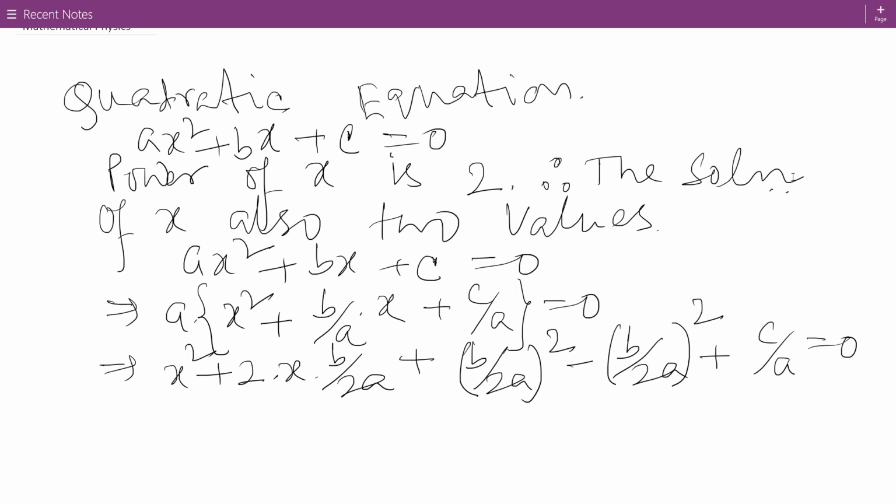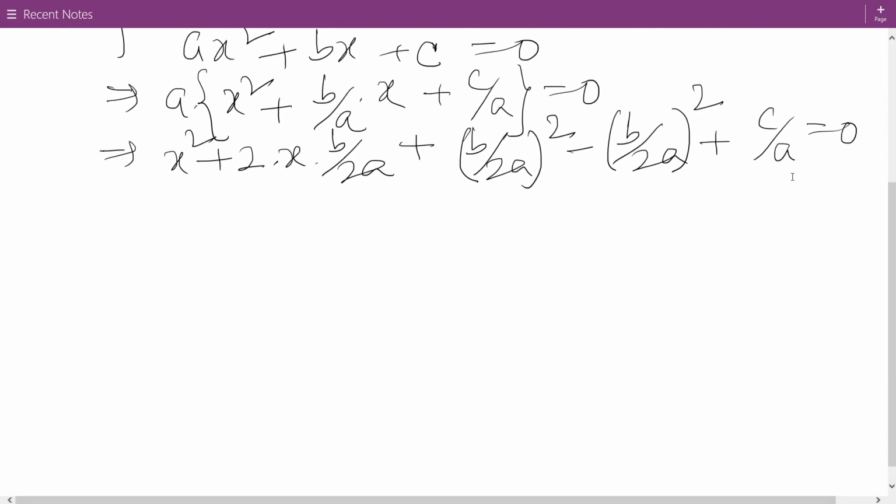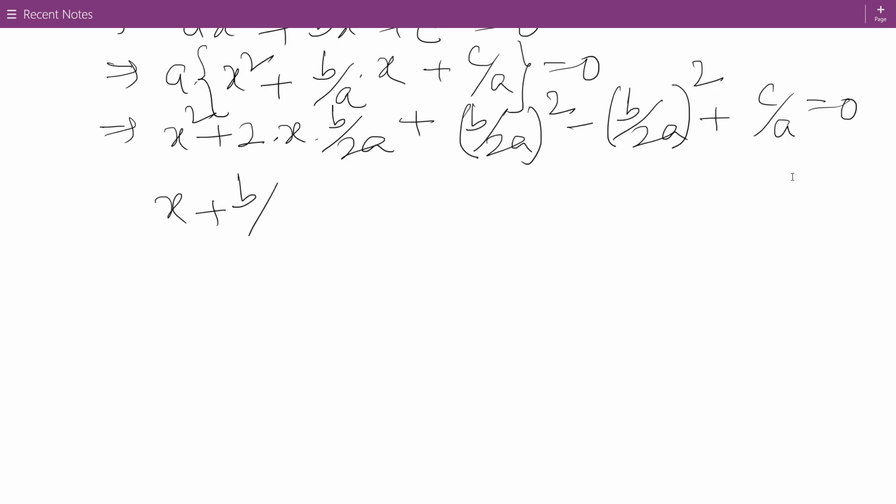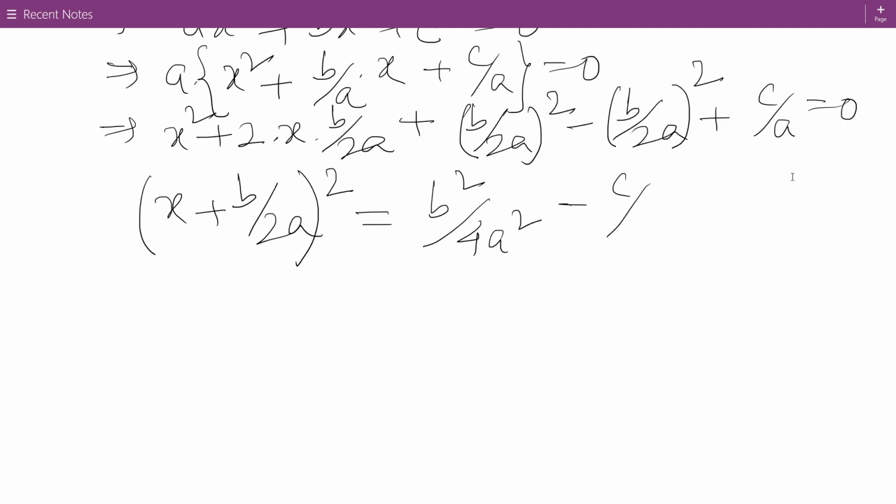For the first 3 terms, we write simply x plus b by 2a whole square equals to b square by 4a square minus c by a.